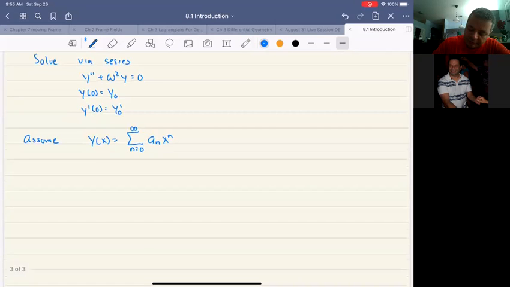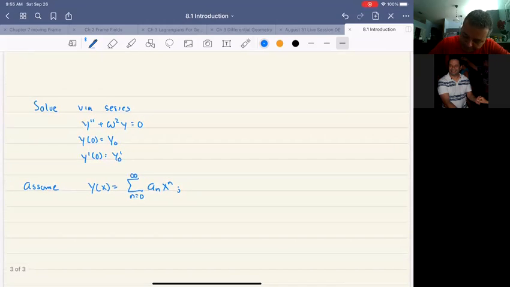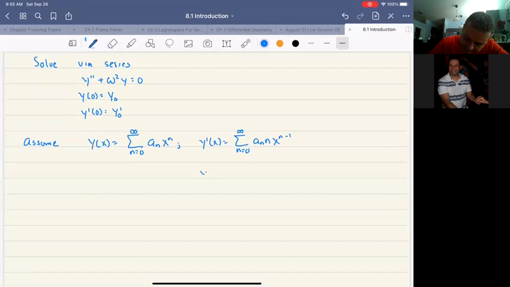Sorry about that. So we're going to take y prime and y double prime. So y prime of x, just like before, is the sum of a sub n times n, x to the n minus 1. y double prime of x is, again, sum, n goes from 0 to infinity, a sub n, n times n minus 1, x to the n minus 2.